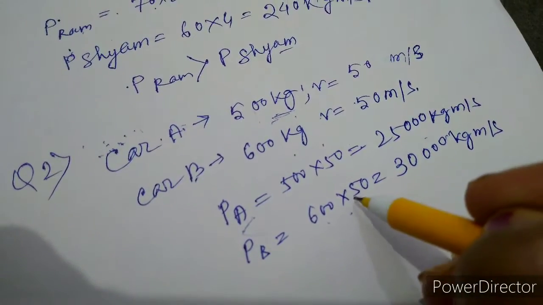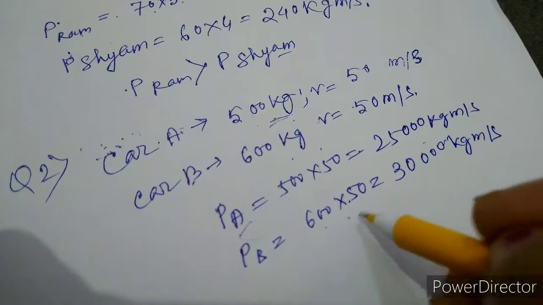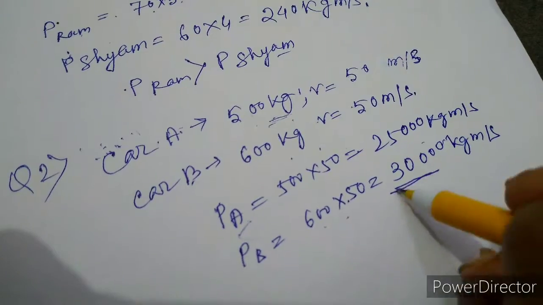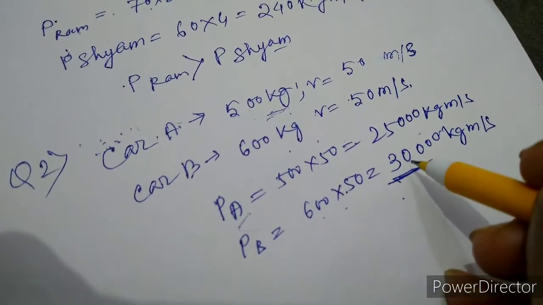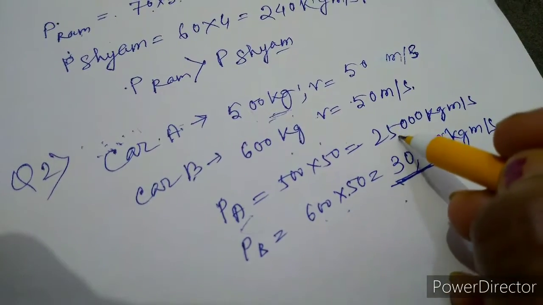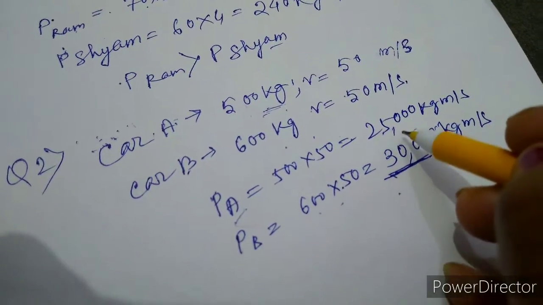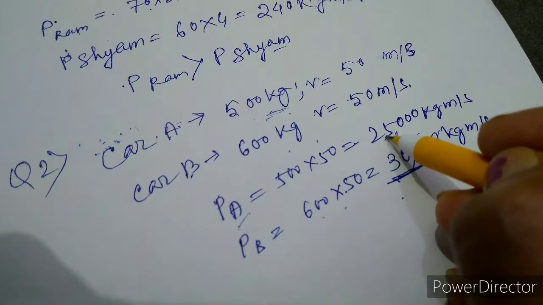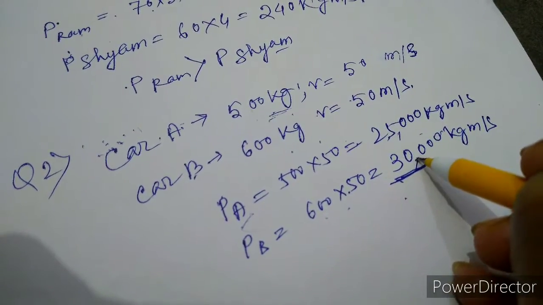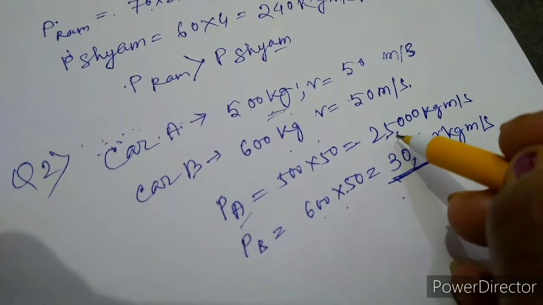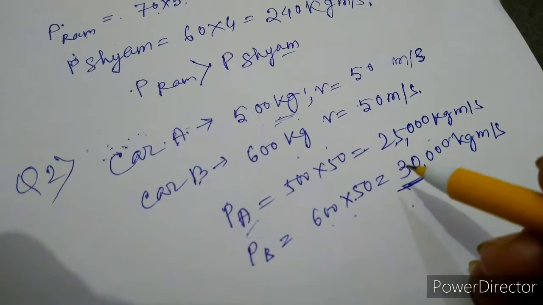You can see that car B has the momentum more. So this car will travel more distance after applying the brake, because its momentum is more.